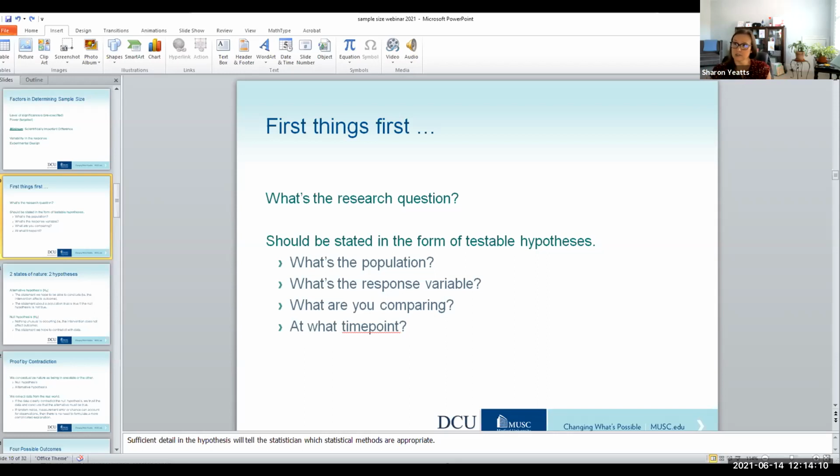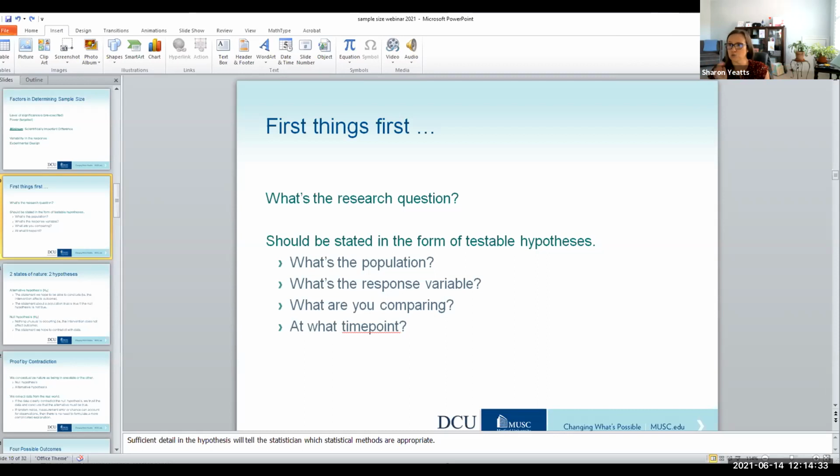And that's fine for conversations in the elevator. But when you sit down with your biostatistical colleague, you want to be able to state your research question in the form of testable hypotheses. And that means we need real specifics. So we need to know what the population is that you're studying, what the response variable is, what you're comparing it to. So are you comparing two treatments?